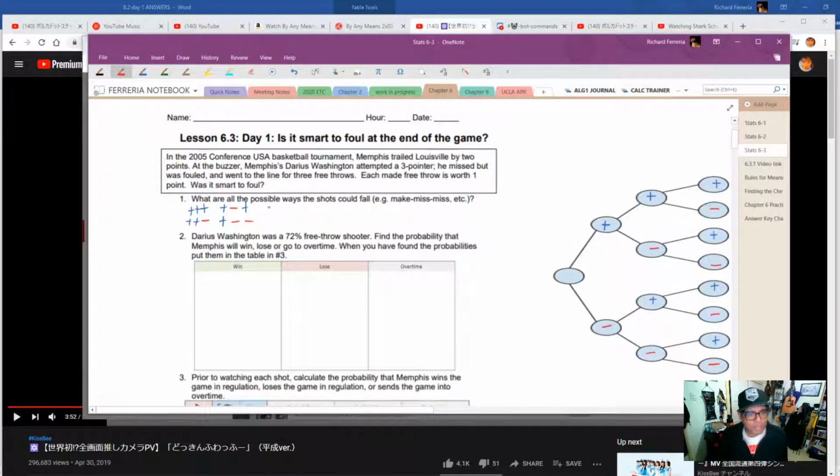But what if he missed the first free throw? Well, if he missed the first free throw, we can go down this path, and you can see he's going to miss the first one, and he's going to make the next 2. Alternatively, he can go down this path where he misses the first free throw, he makes the second free throw, but he misses the very last free throw.